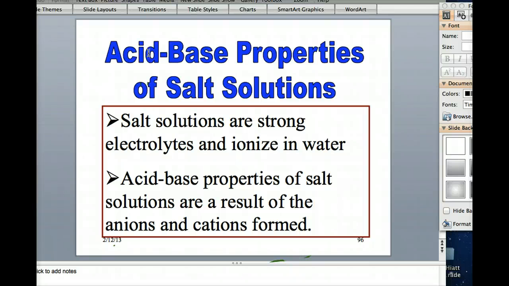You can think of the cation as coming from a base and the anion as being a conjugate of an acid. By the way, the word salt again means any ionic compound.